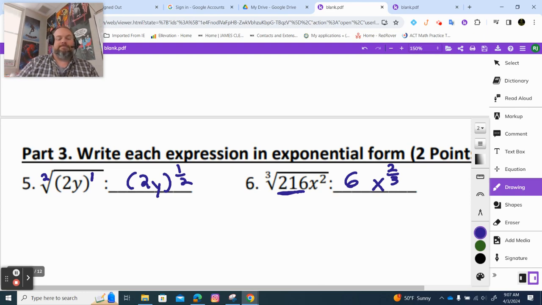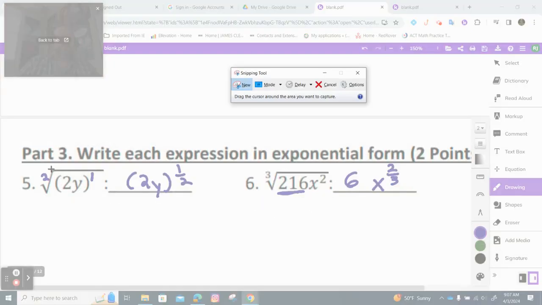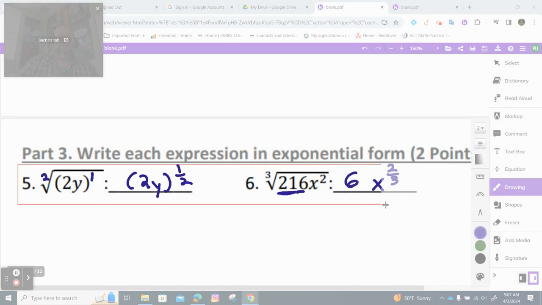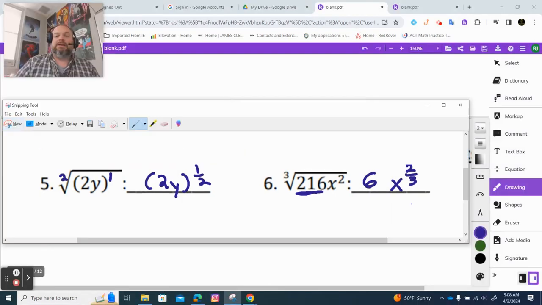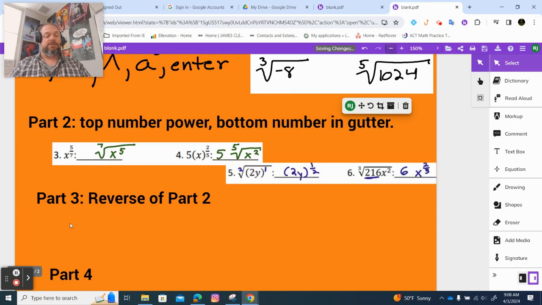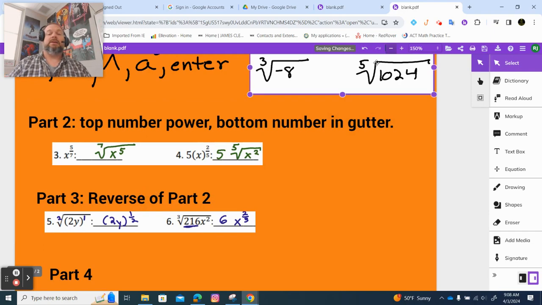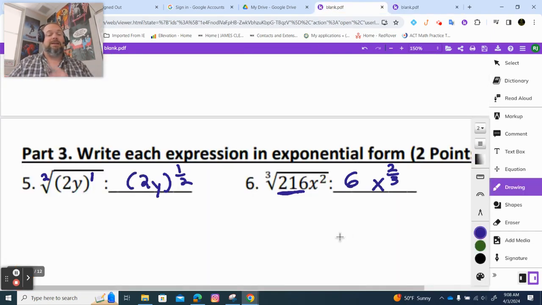My loophole people that are going to make awesome lawyers one day are like, but you didn't say simplify. And it is correct. I did not. So I had to go back in and fix that. So it will say simplify.